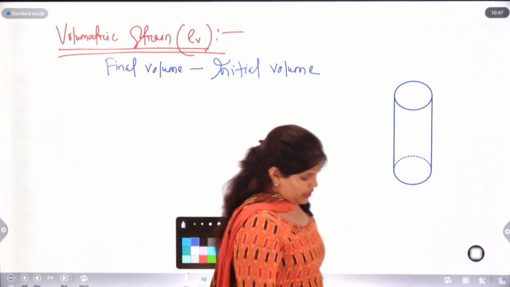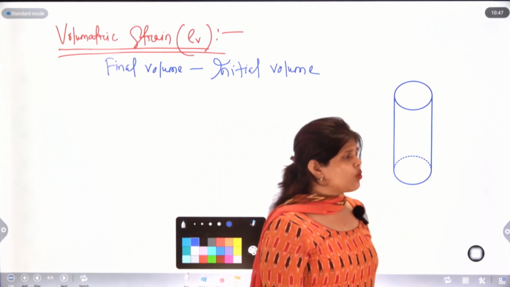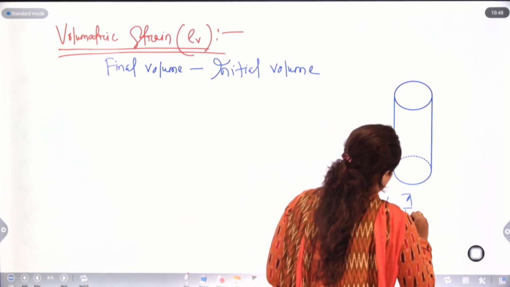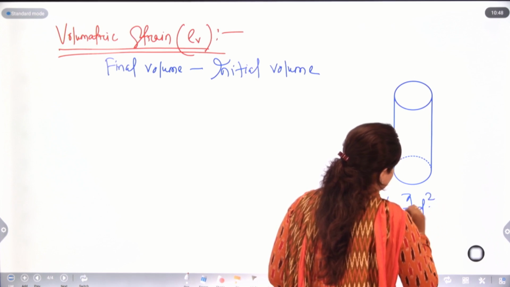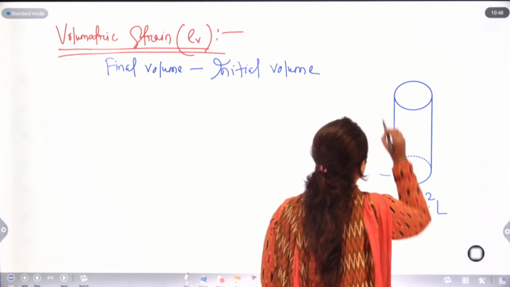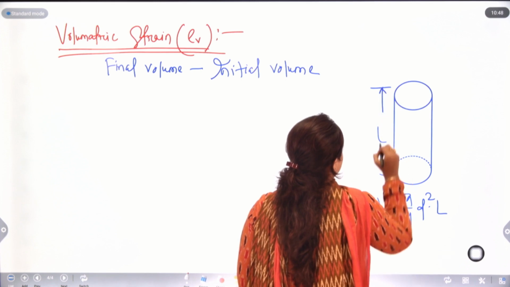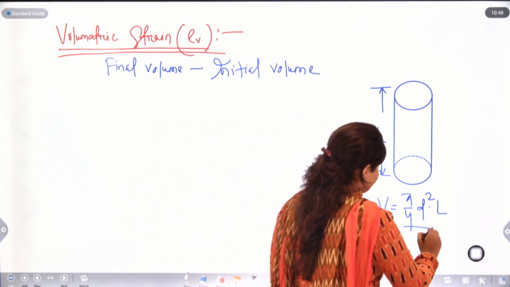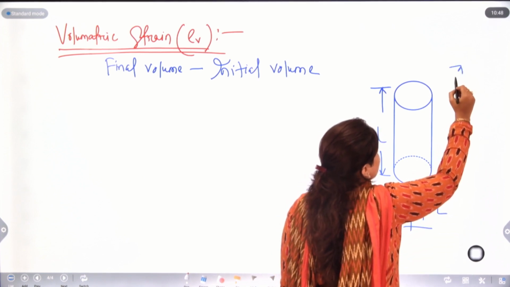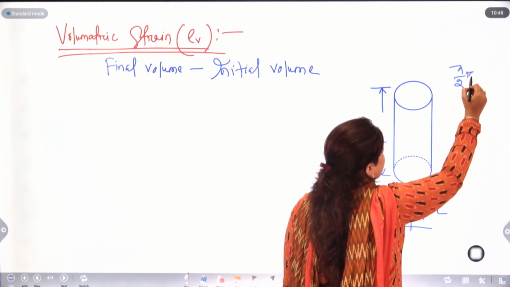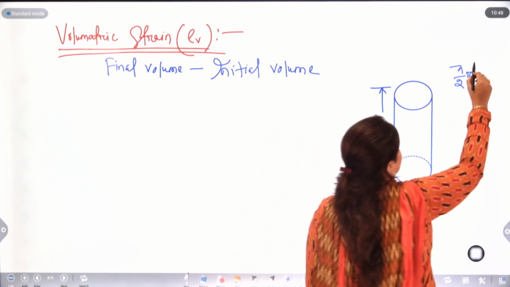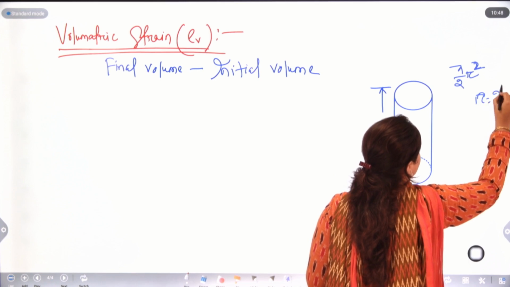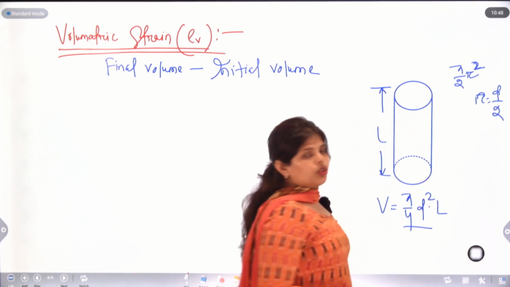The formula for volume is pi by 4 d square into total length. Pi by 4 d square is the area, as the formula is also pi r square, since r is d by 2.